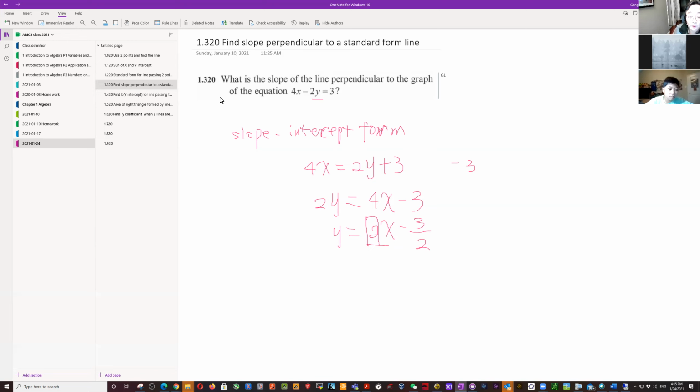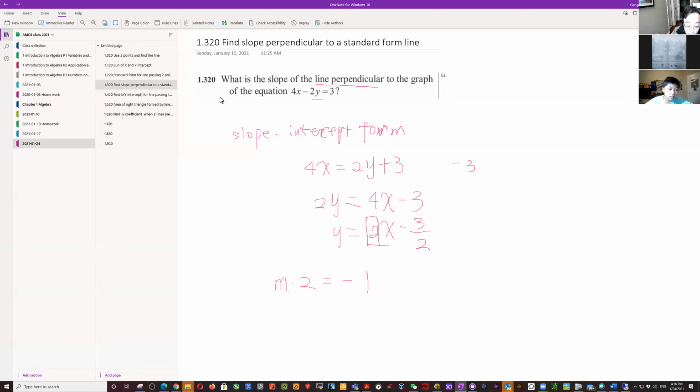So what is the slope of the line perpendicular to the graph? For the perpendicular line, the slope m multiplied by 2 is going to be -1, because for perpendicular lines, their slopes multiplied together give -1.